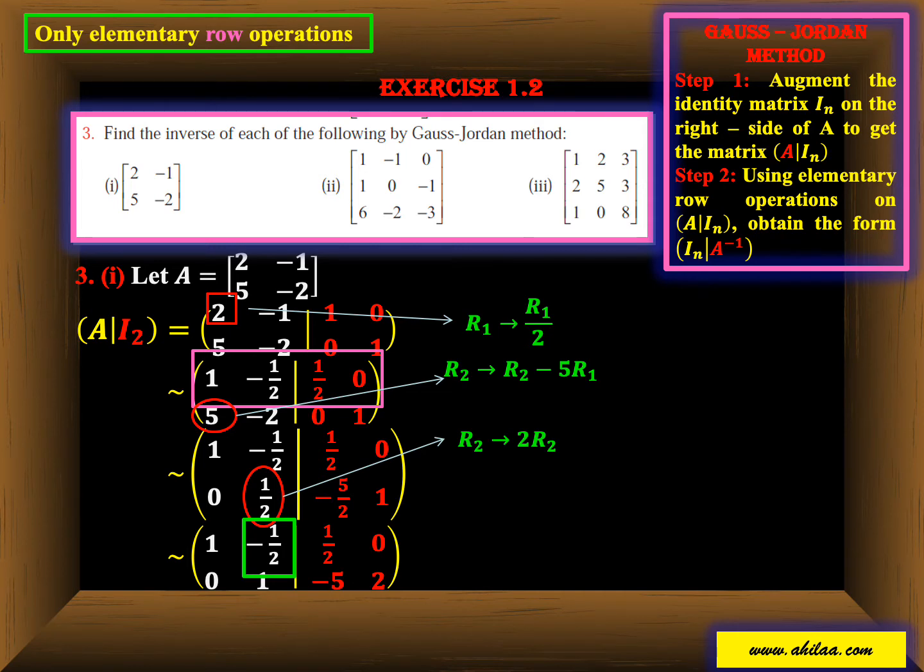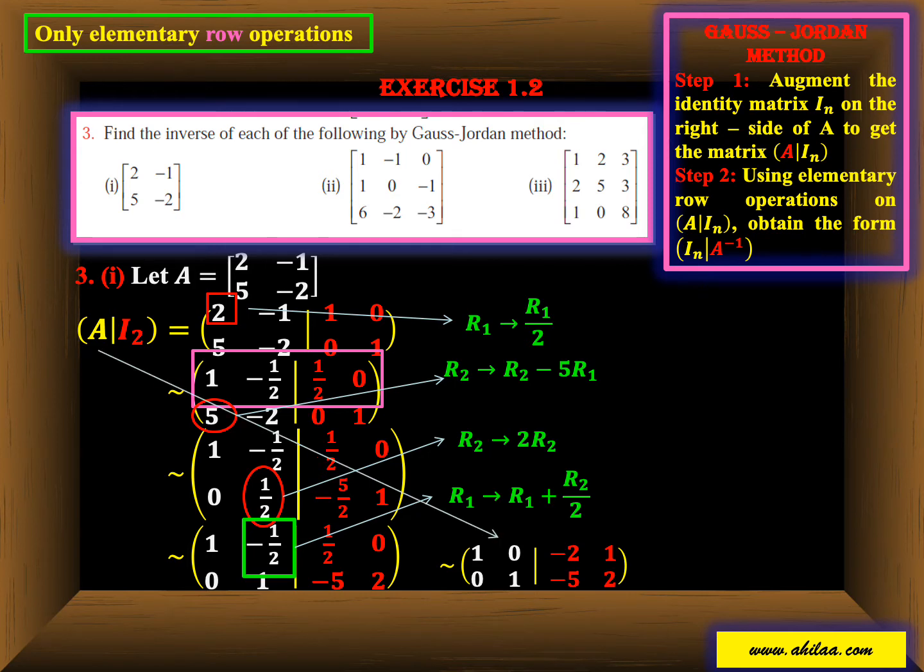So, I use the second row as my pivot row and make the operation R1 goes to R1 plus R2 by 2. Since those two elements are of different sign, we need to add, okay. So, after that, we are getting the first row changed as 1, 0, minus 2, 1. Second row is 0, 1, minus 5, 2. Okay.